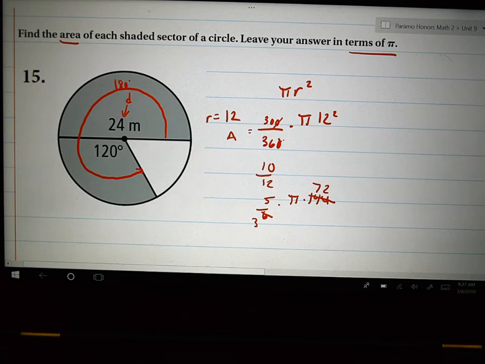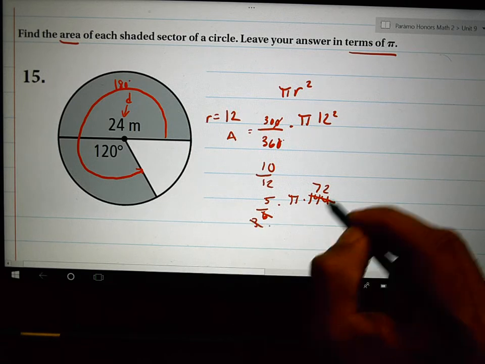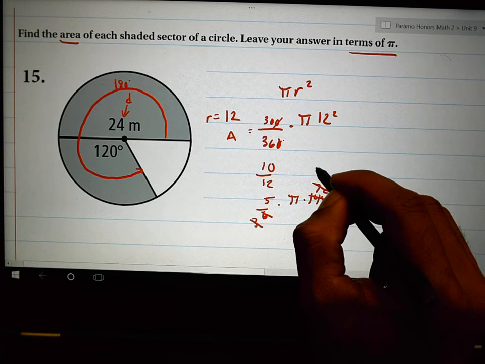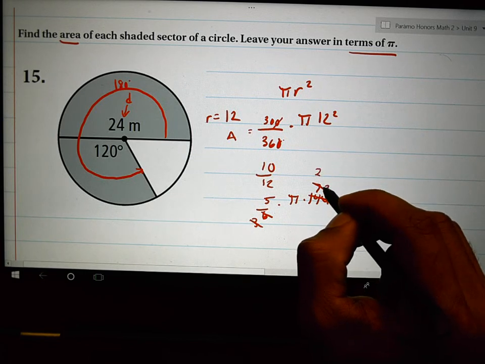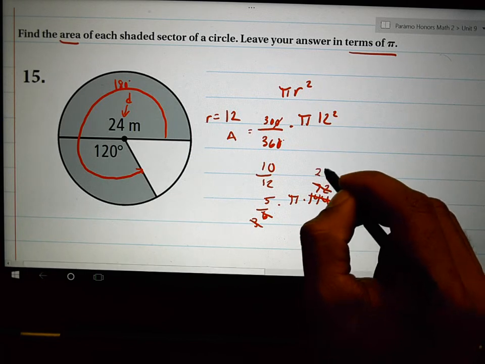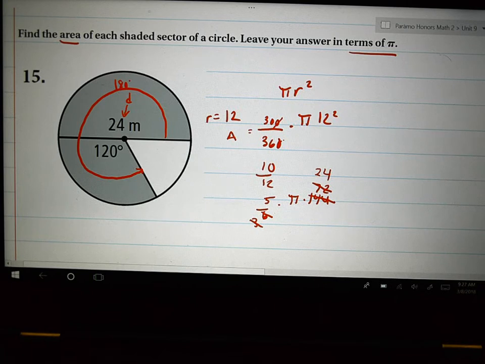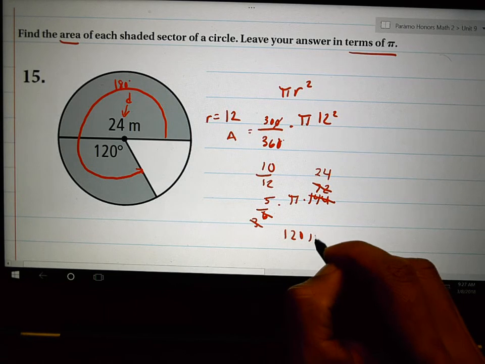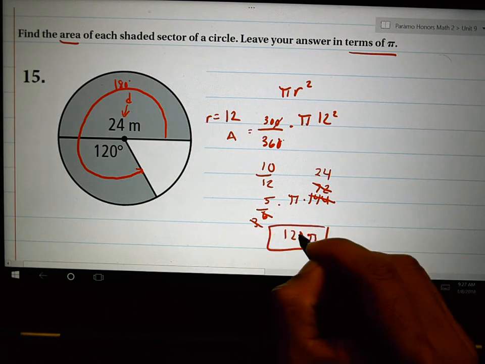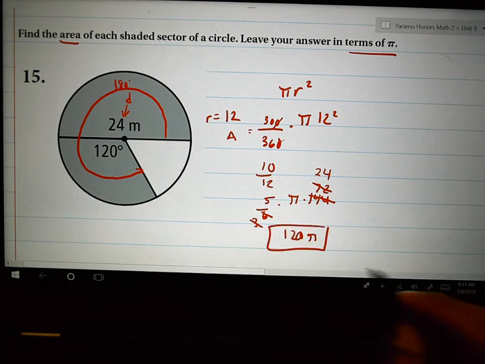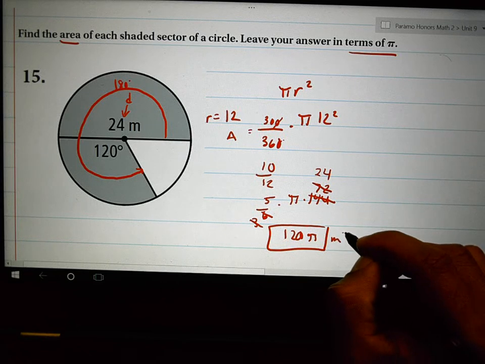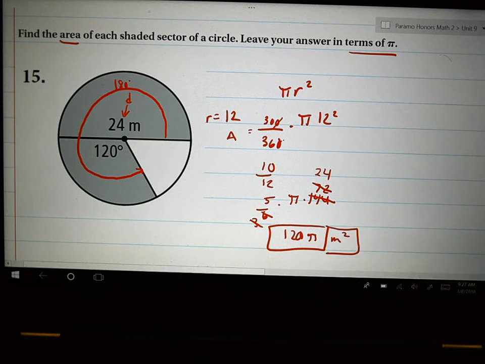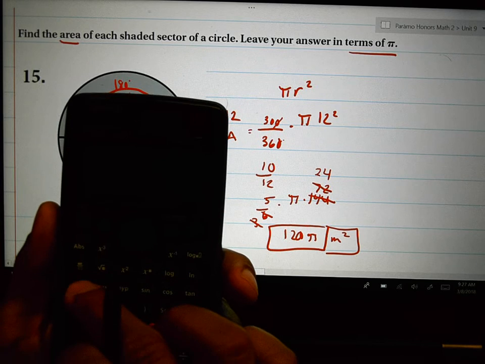Does 3 go into there? 1. 3 goes into 72 24 times. 4 goes into 24. 5 times 24 is 120. My guess: 120 pi meters squared as my answer. Let me double check with my calculator.